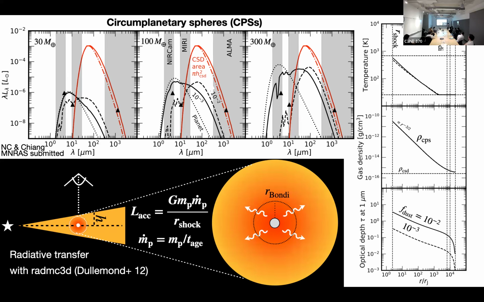The dust heats up and re-radiates it. The problem is it re-radiates it out into the far infrared, 100 micron or so. But it's at those very same wavelengths where the circumstellar disk, heated by the star and not the planet, 50 Kelvin or so, is brightest. So this red curve is the SED, not even of the entire circumstellar disk, just a little patch of it, of scale length H, heated by the star, and it's way brighter than everything at long wavelengths.